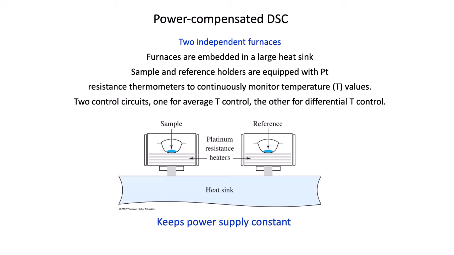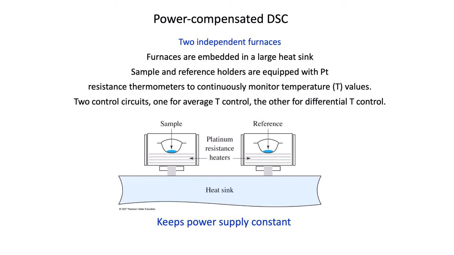So again, for example, if the sample undergoes a phase change, that is perhaps an endothermic transformation, it will require additional heat or power input to keep that furnace at the same temperature as the reference furnace. We can measure that difference in heat flow.